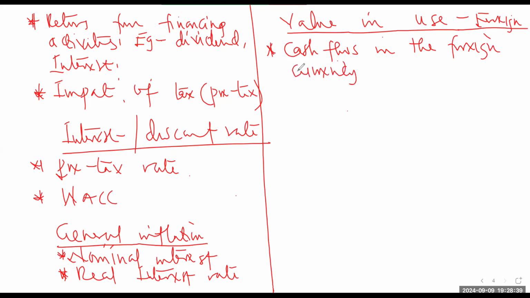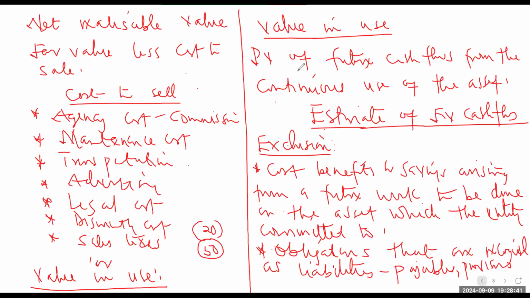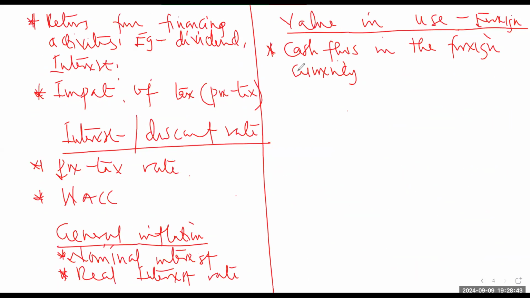Then we discount the cash flows in the foreign currency. The benefit that the asset will give will be in the foreign currency, so we discount it.